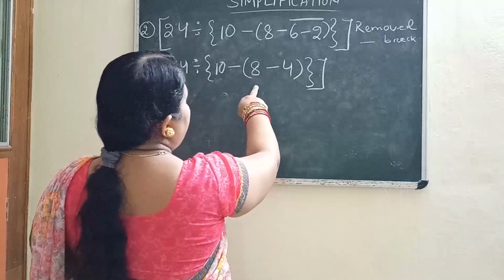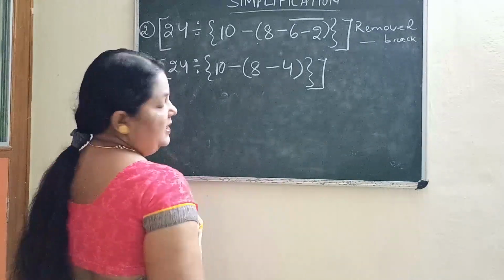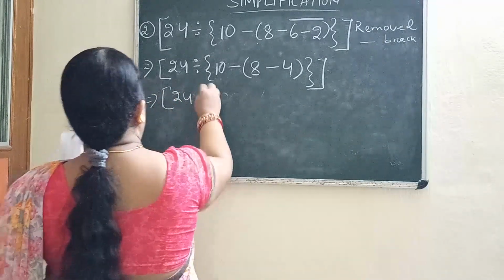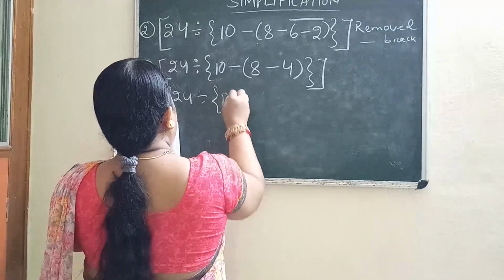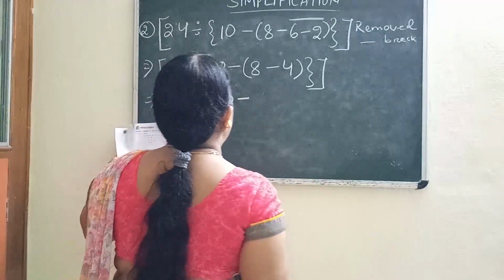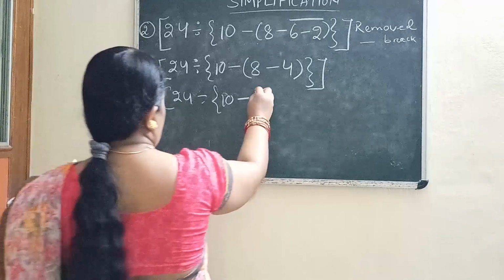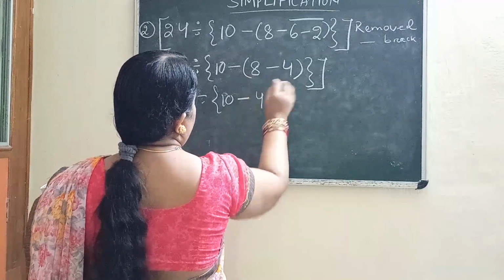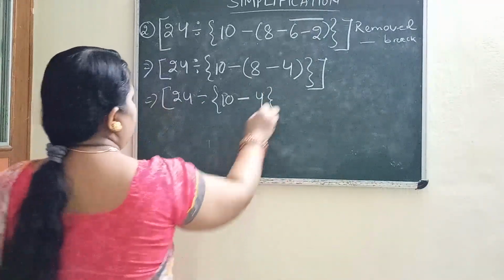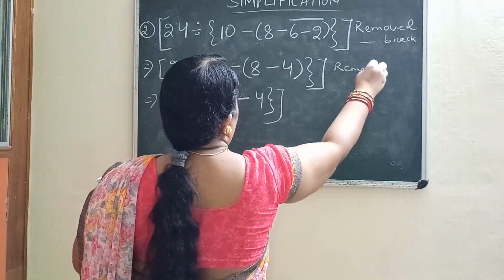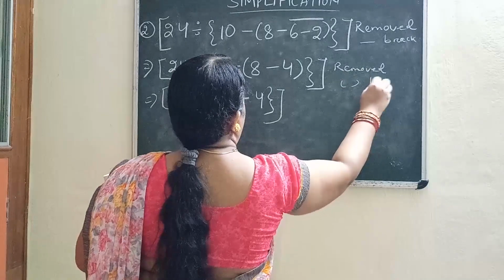Then come to the second bracket, the small bracket or parenthesis. Right here, 24 divided by 10 minus how much? 8 minus 4 is how much? 4. Put the value. Now this bracket is also removed. So right here, removed small bracket.